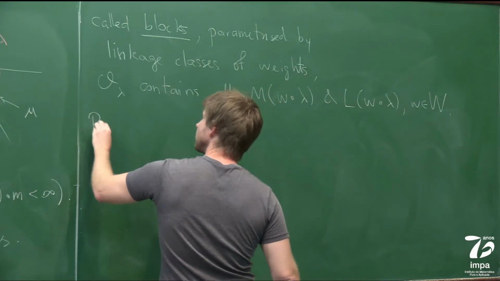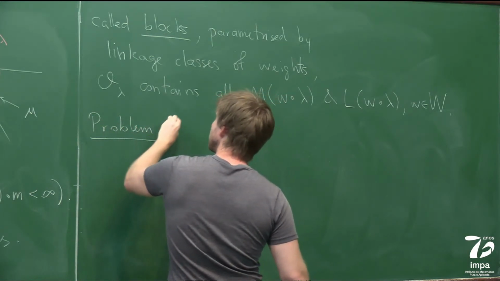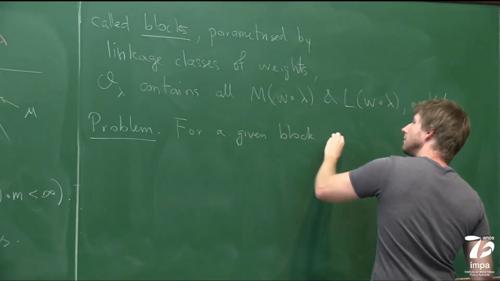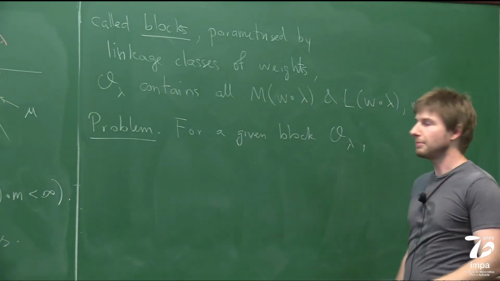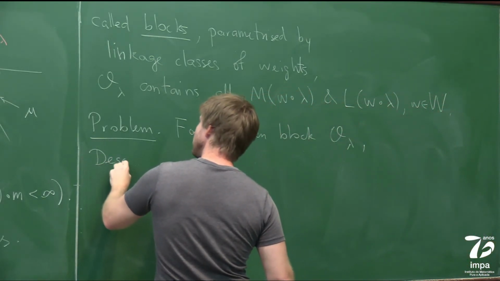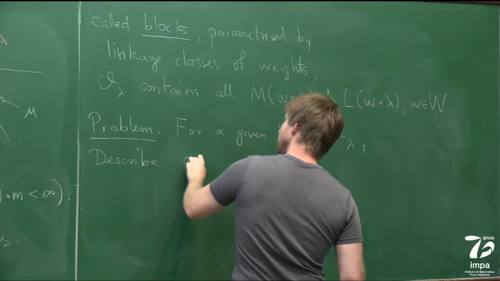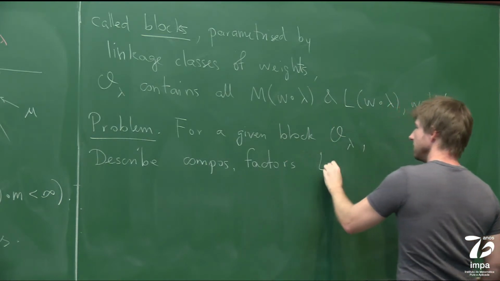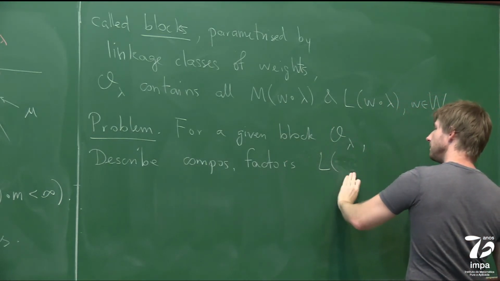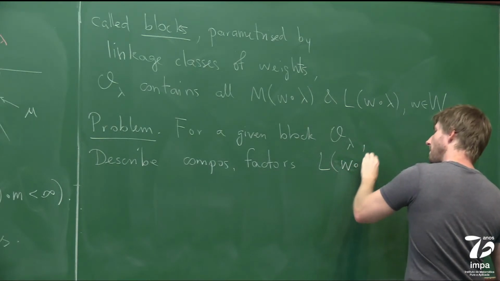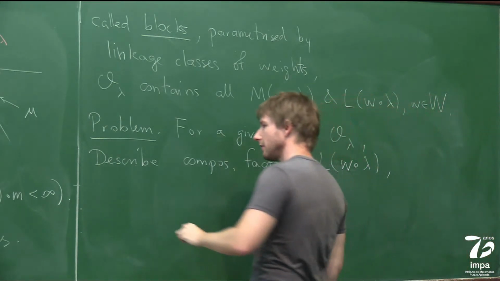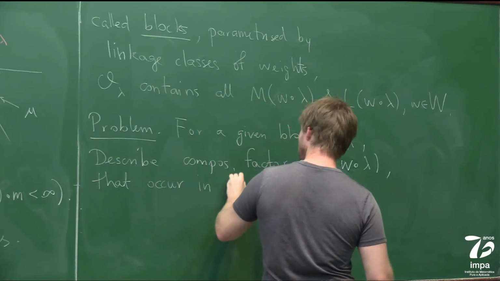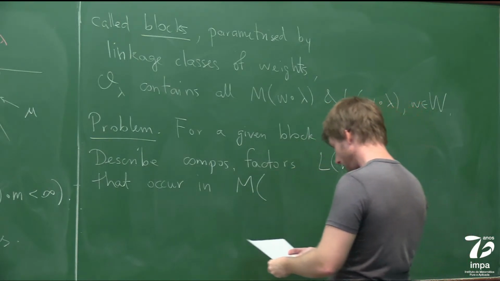The problem is, for a given block O lambda, describe which composition factors, and the composition factors are going to be of this form, occur in M.